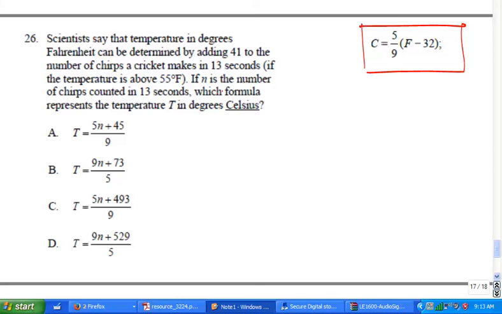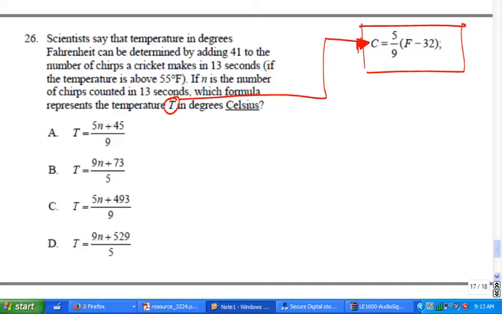Because we're looking at the temperature in Celsius, so your T in this problem will be the equivalent of C in my formula for translating Fahrenheit temperature into Celsius temperature, right?